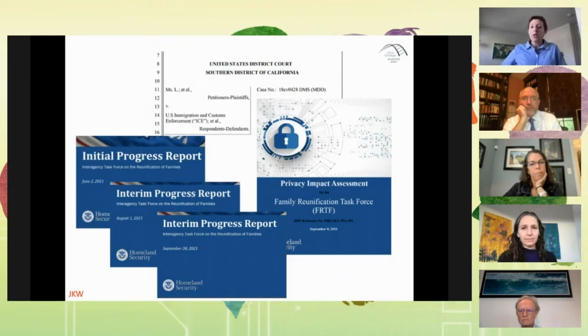As an aside, in terms of this litigation, Ms. L versus ICE, whose settlement implementation is still ongoing, while DNA technologies continue to be omitted from the publications coming from the task force and seem to be excluded from the family reunification process that they have underway, we have learned that the US is continuing to impose the burdens of DNA technologies and testing at the border, some with potential family separation consequences, and they're relying upon this litigation as their justification of authority to do so.